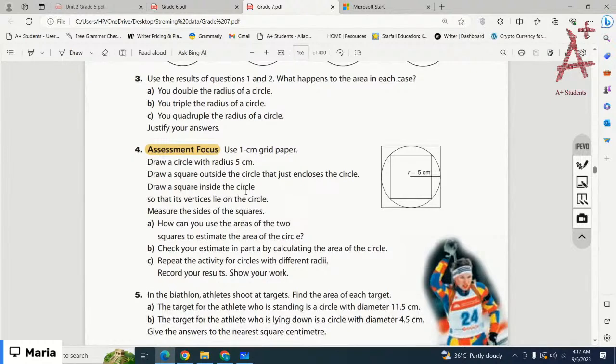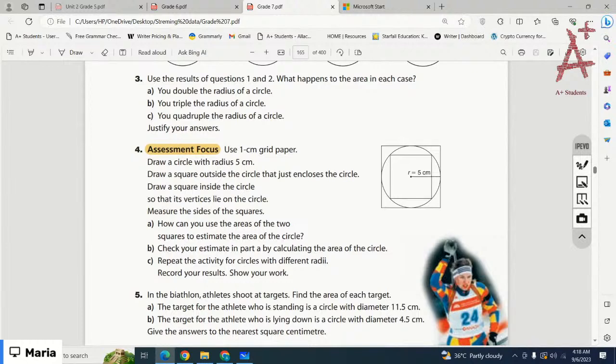Repeat the activity. You have to draw a circle with radius 5. Draw a square outside the circle. Here's the circle; you draw a square that encloses the circle. Then you draw a square inside the circle.